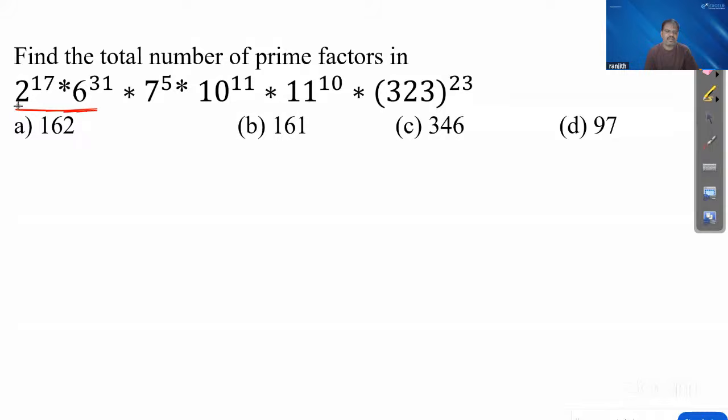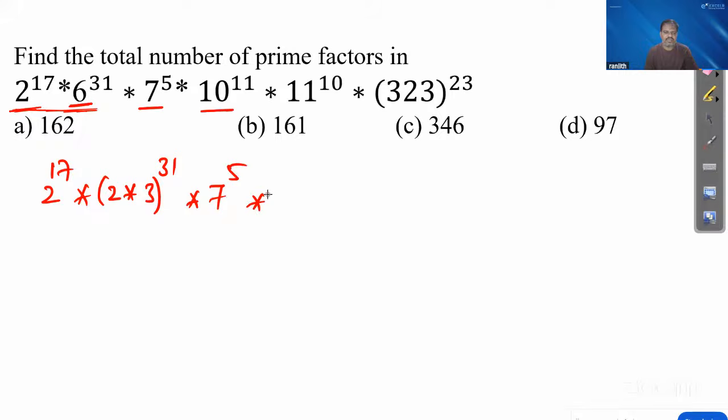It is nothing but whatever base we have, it should be a prime number. 2 is a prime number, so that will be 2 power 7. 6 is not a prime number. 6 can be written as (2 into 3) whole to the power of 31. 7 is already a prime number, 7 power 5. 10 is not a prime number, so that will be (2 into 5) whole to the power of 11. 11 is already a prime number, so that is 11 to the power of 10.